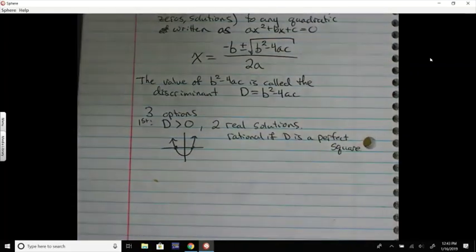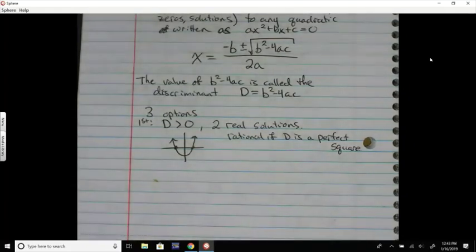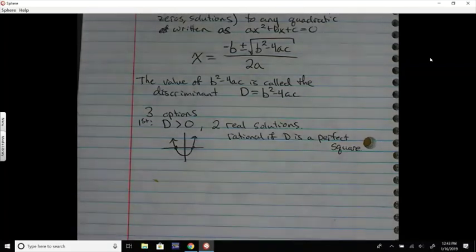So if D is a 1, 4, 9, 16, 25, 36, 49, 64, 81, 100, 121, 144, 169, 196, 225, 256, any of those. If it is a perfect square, you're going to have rational roots, which means your roots are going to be like 4, or 1/2, or 8/3, or something like that.